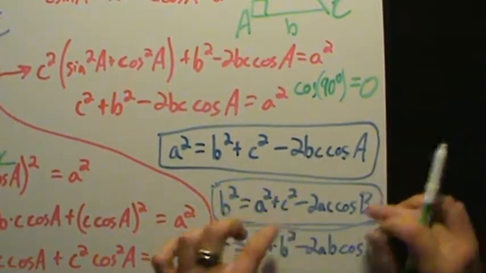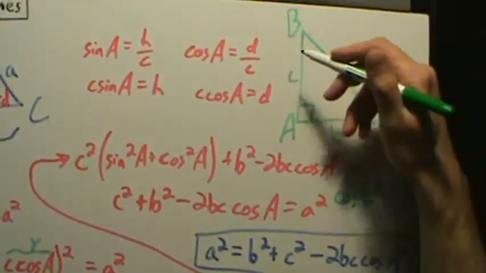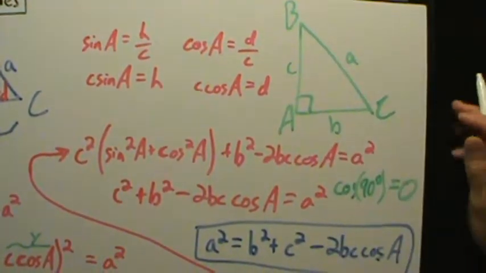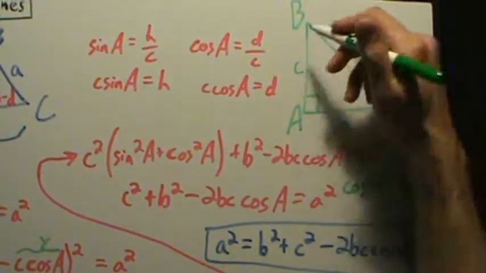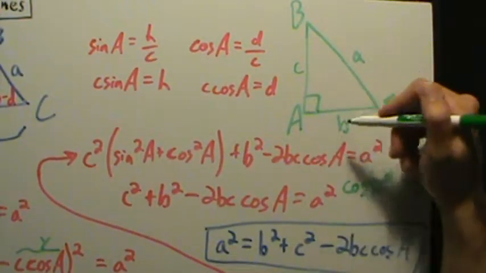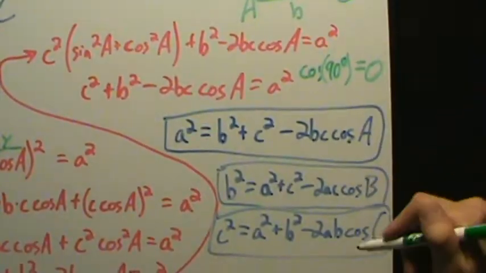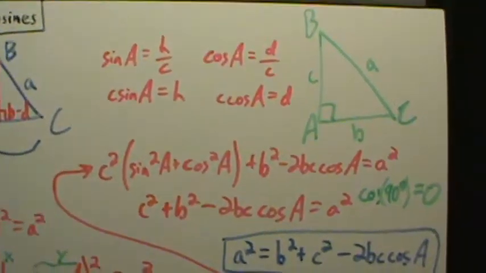So it's still going to be this form for the other two, because cosine of b and cosine of c, whatever they are, it's not 0, because these are not 90 degrees. Okay, so anyway, b and c are acute, so even though this is a right triangle, to establish the law of cosines for the angle b and the angle c, you go through the exact same process.